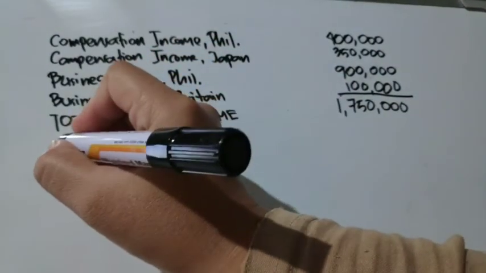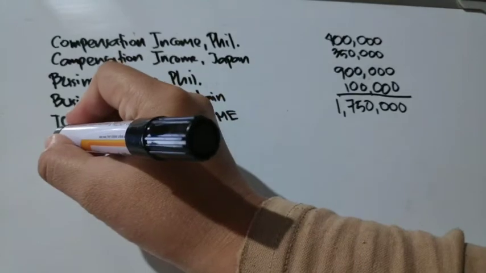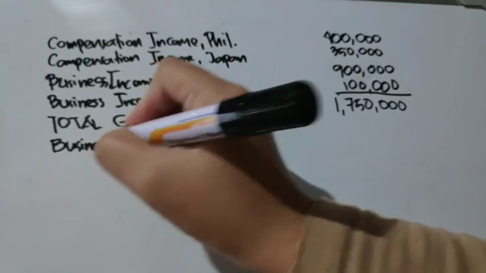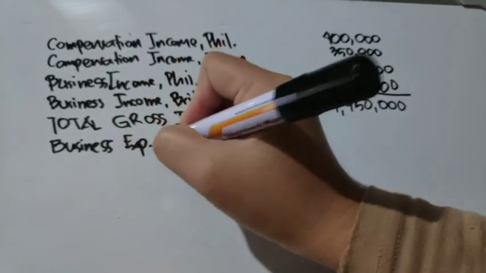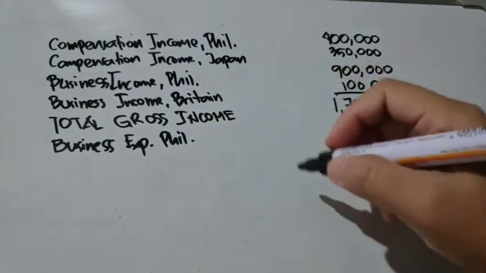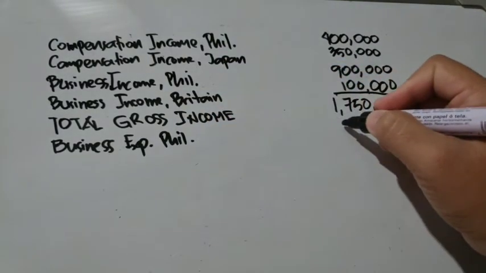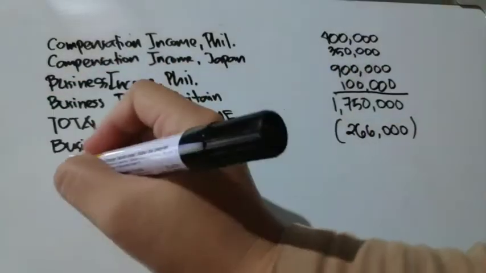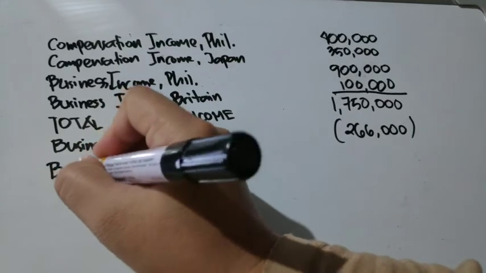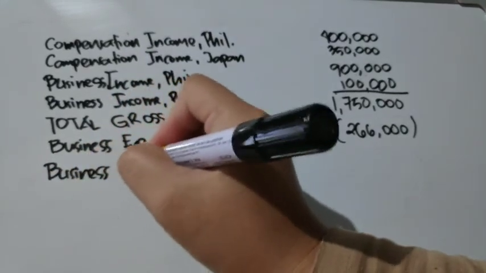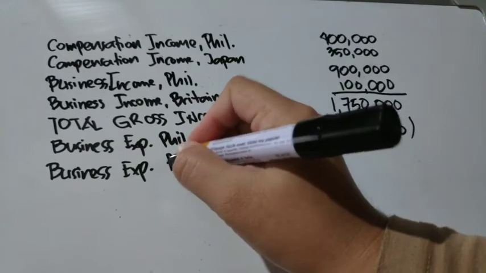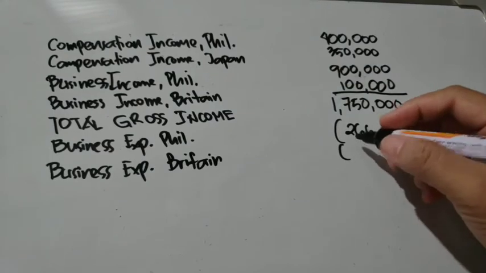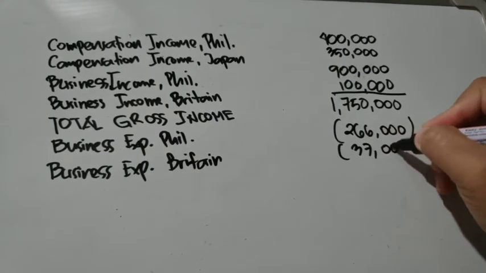So for the business expenses, we have business expense for the Philippines in the amount of 266,000, and then another business expense for the Britain in the amount of 37,000.